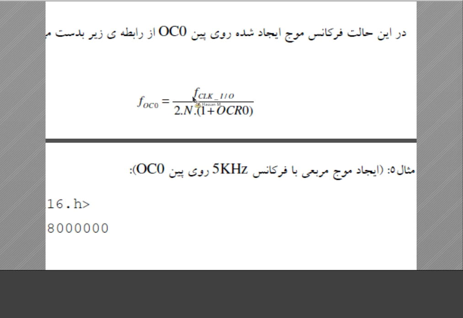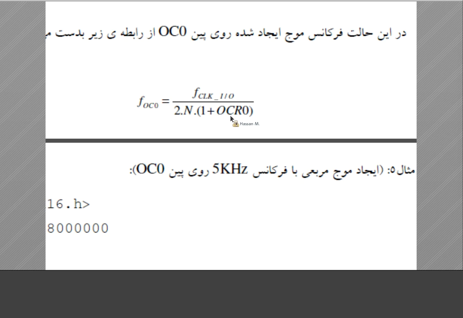This is N. And OCR plus 1, because we start from 0, not from 1. For example, OCR is 99: I start from 0, 1, 2, 3 up to 99, all of them is 100. If OCR is 9, from 0 to 9 means 10. That means 1 plus OCR, not OCR.